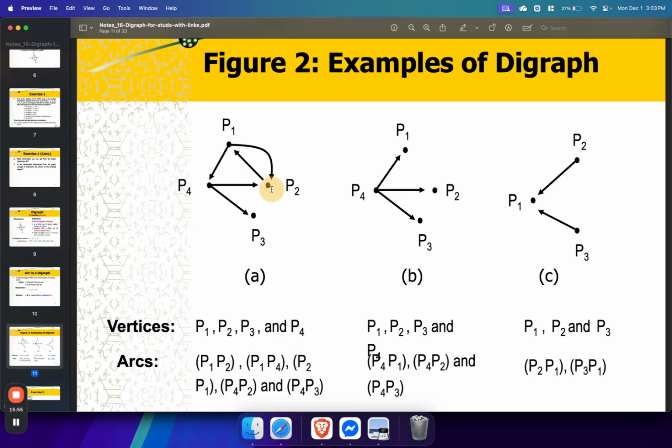Next, P2 points to P1, so there is an ordered pair from P2 to P1. Let's go to P3. P3 doesn't point to anything. Therefore, there is no arc from P3 to anything. P4 points to P2 and P3. Therefore, there should be an arc from P4 to P2 and P4 to P3, which is represented here.